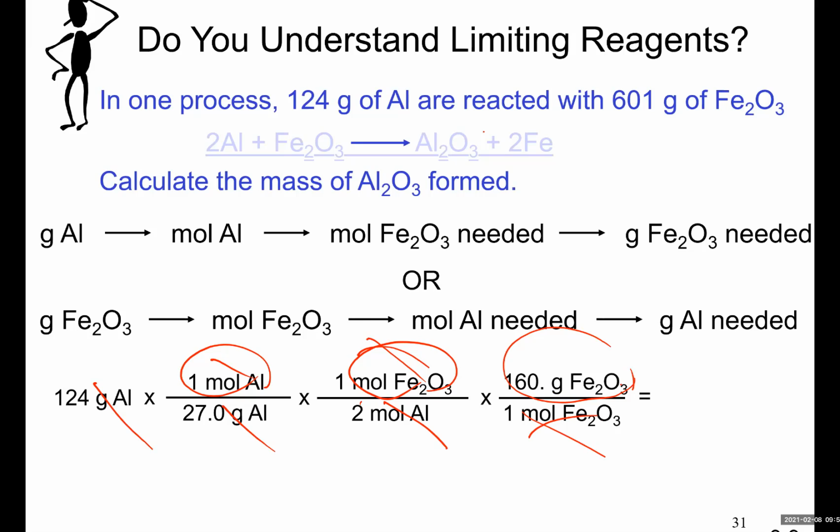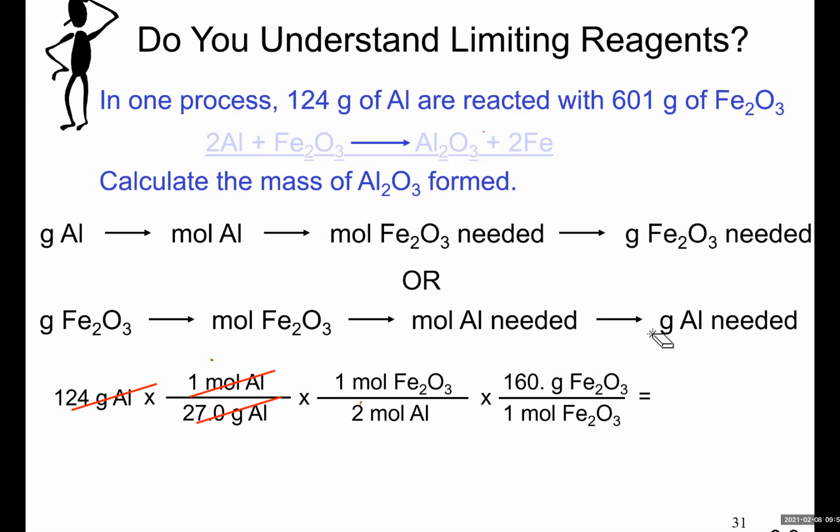The answer is giving me grams of iron(III) oxide if you use your calculator. Let's see how the conversion is canceling one unit at a time to get to grams of Fe2O3. Grams of Al and grams of Al are canceling.